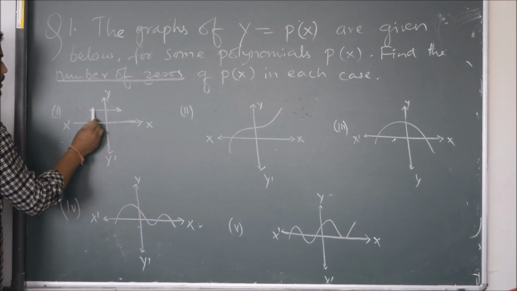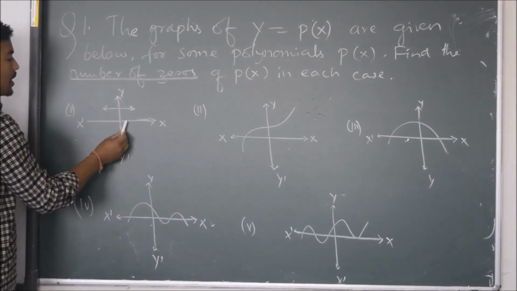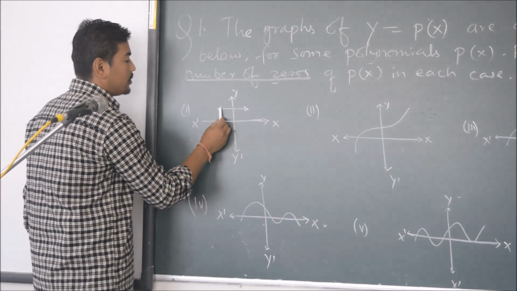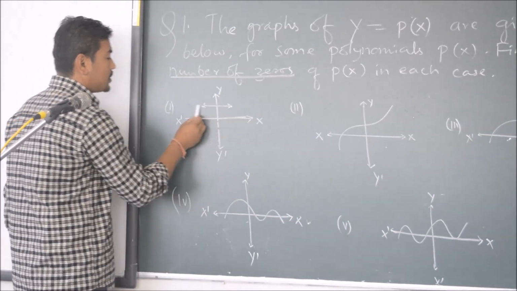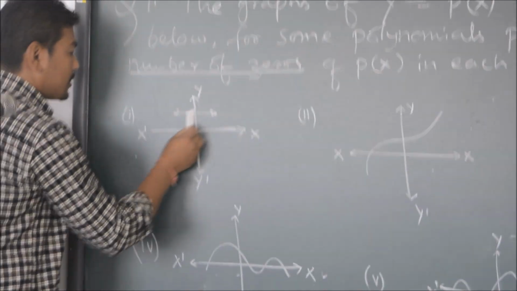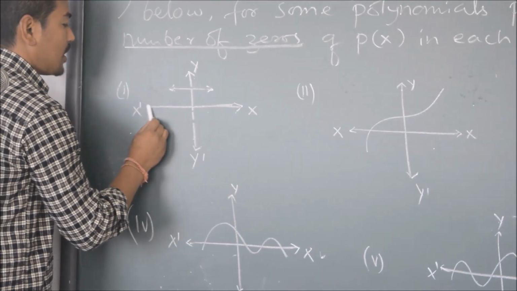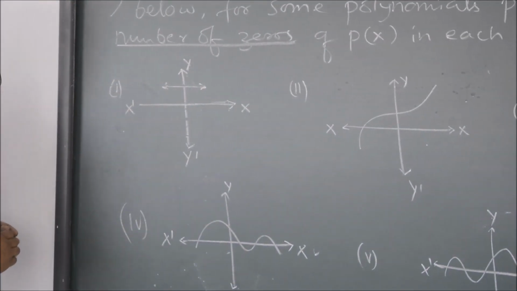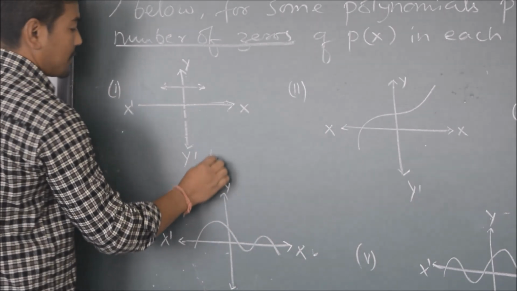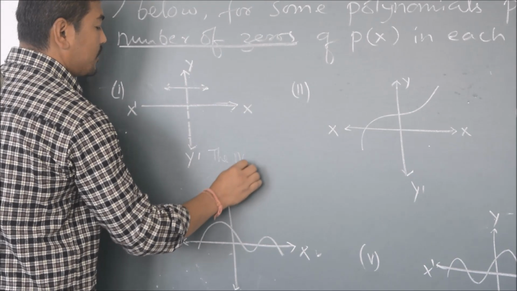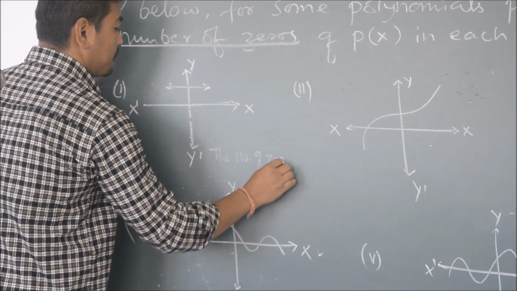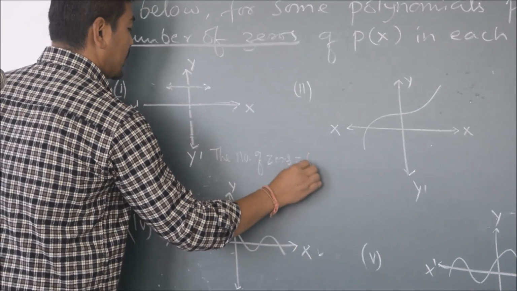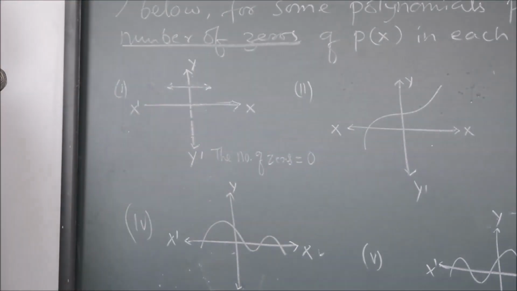It is nowhere touching the x-axis. It goes straight this way, it goes straight this way. That means this graph never touches the x-axis, so this polynomial does not have any zeros. You can write here the number of zeros is 0.